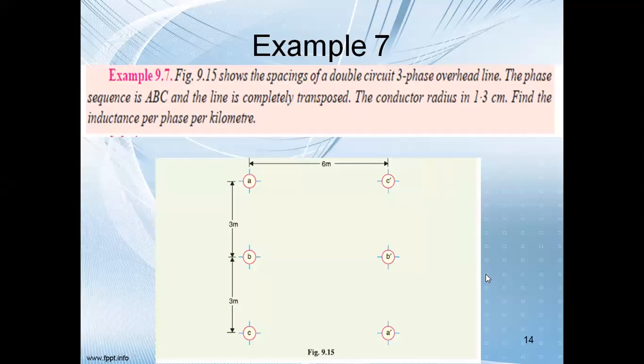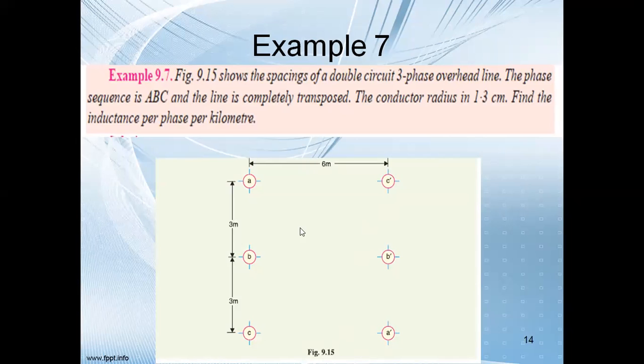Now we'll take another example. This is a three-phase overhead line. Previously it was two-phase, now we'll take a three-phase line. The figure shows the spacing of a double circuit three-phase overhead line. The phase sequence is ABC and the line is completely transposed. The conductor radius is 1.3 centimeter. Find the inductance per phase per kilometer.